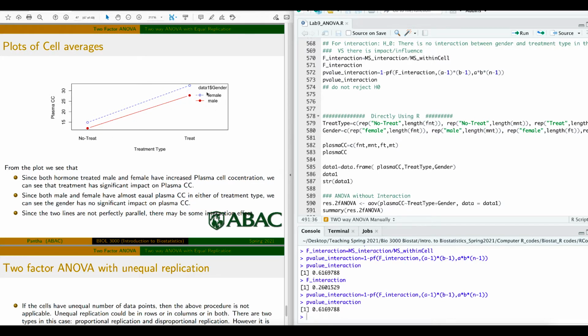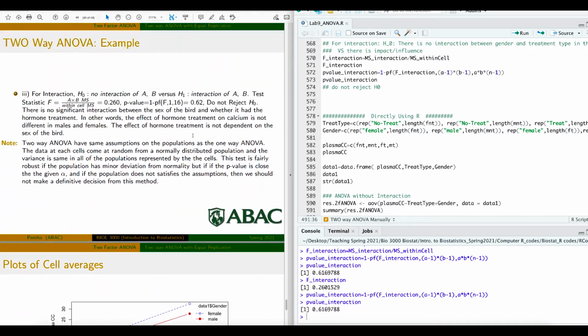Also, you see that these two lines are kind of parallel but not really parallel, because if you extend them long, they will meet somewhere, but they are almost parallel. Since they are not perfectly parallel, what we can say here is there may be some interaction effect. We actually found out already if there was an interaction effect.